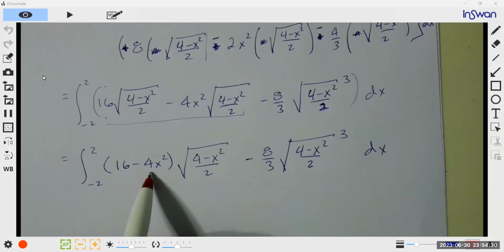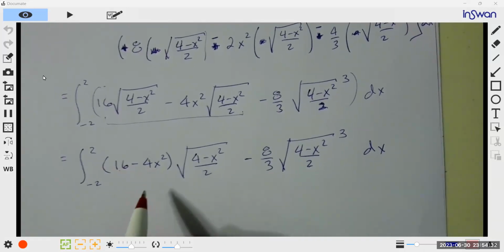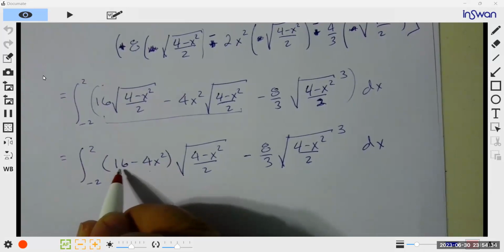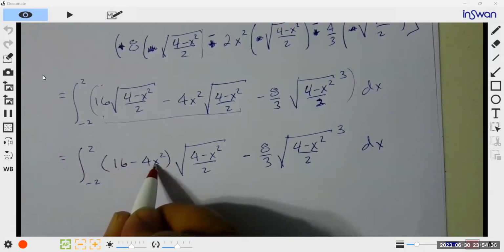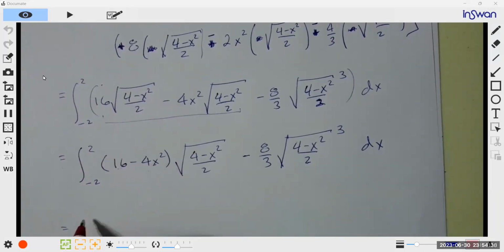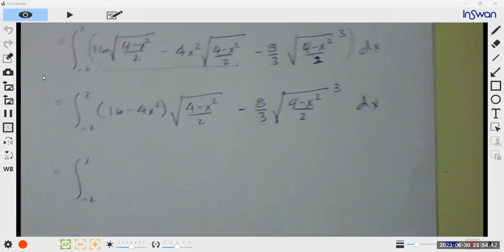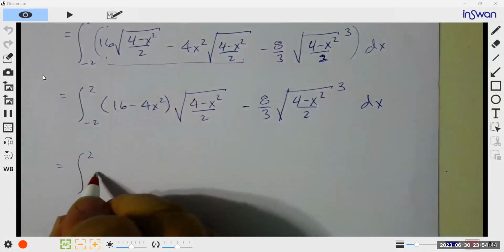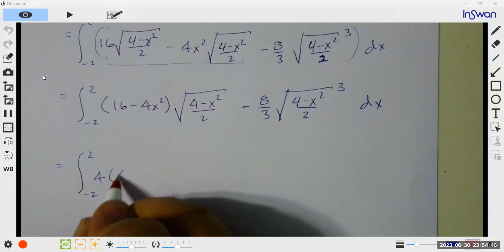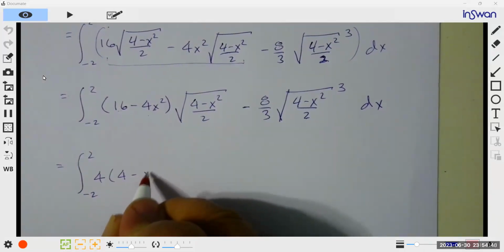If we look at this one, if we factor out a 4 out of this one, we factor out a 4, then we get 4 minus x squared.